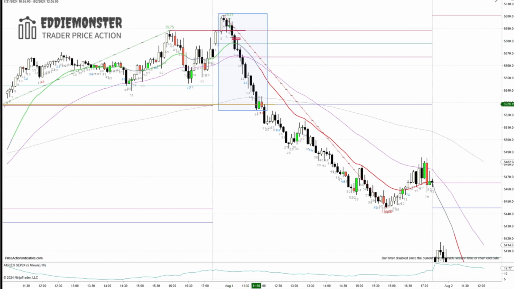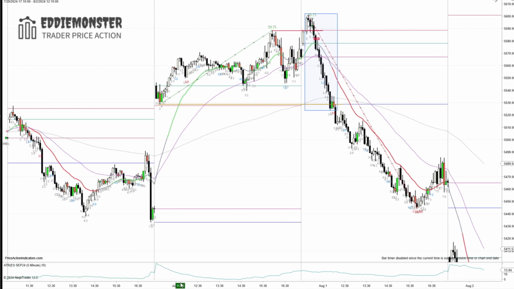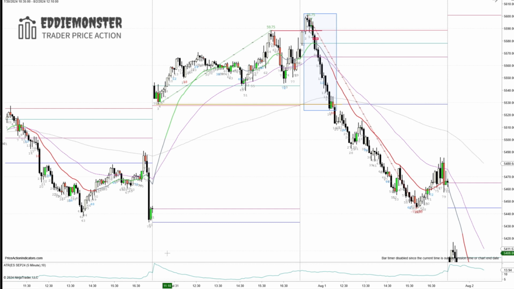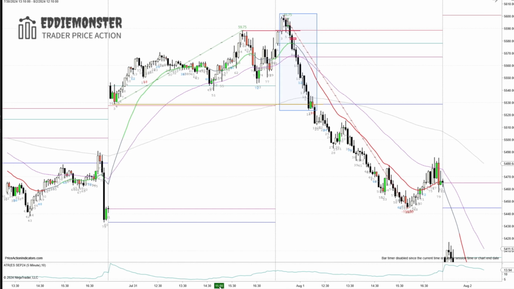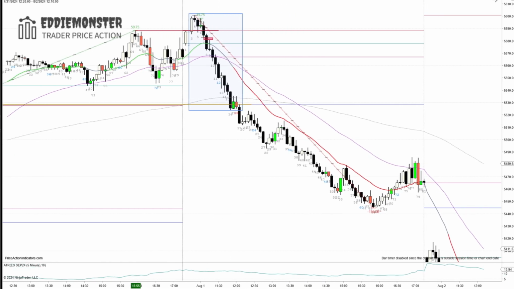A strong micro channel, a tight channel, a very tight channel. There's no way to sell here. I don't feel comfortable selling here because we see to the left we're coming from a kind of wedge, of course, but it could be just two legs down and that's it. So it's really uncomfortable here.